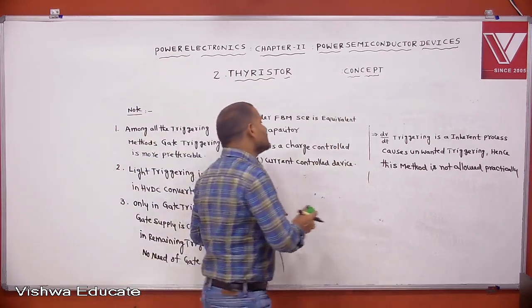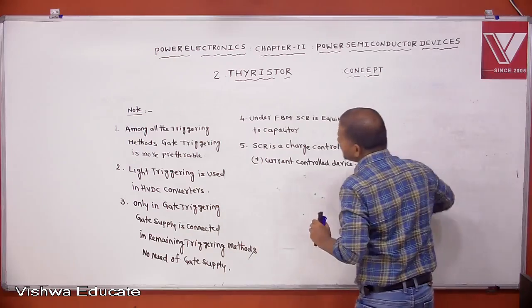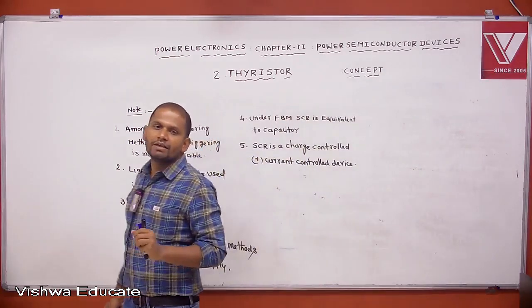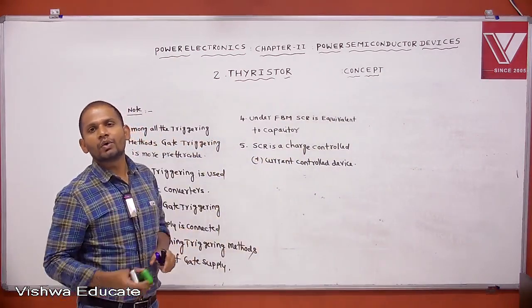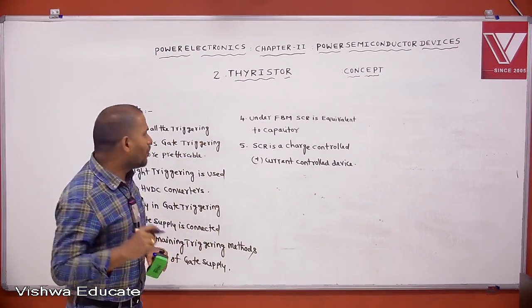Because the SCR is turned on by controlling the charge at the J2 junction, that's why it is treated as a charge controlled or current controlled device.